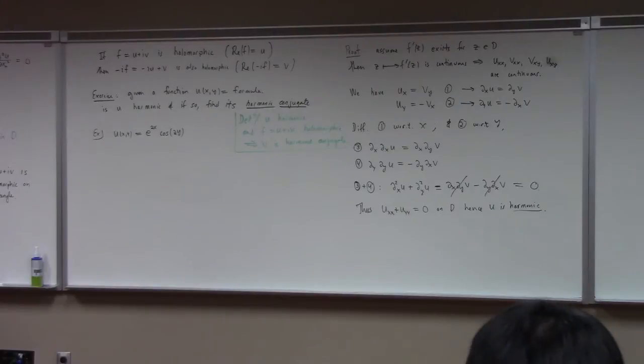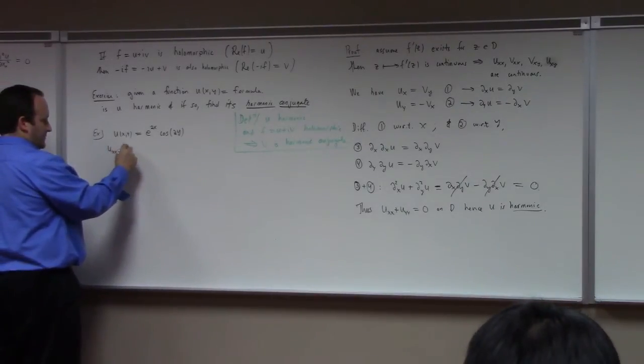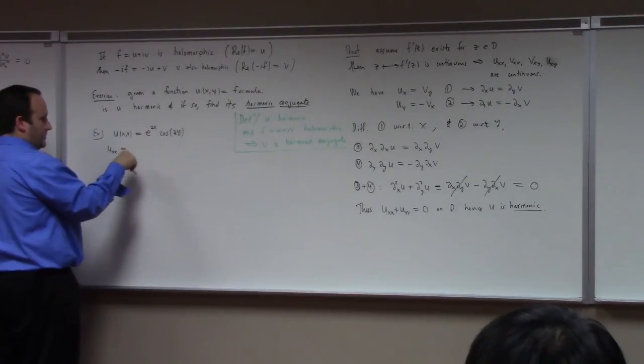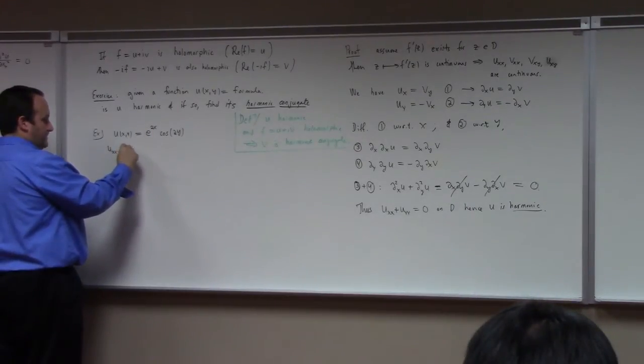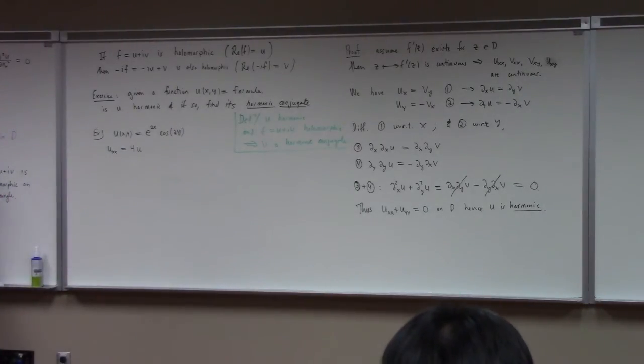Is this harmonic? So what do you gotta do? uxx is what? 4, yeah, 4u actually. Because it's 4 e to the 2x cosine 2y, which is 4u. Fine.